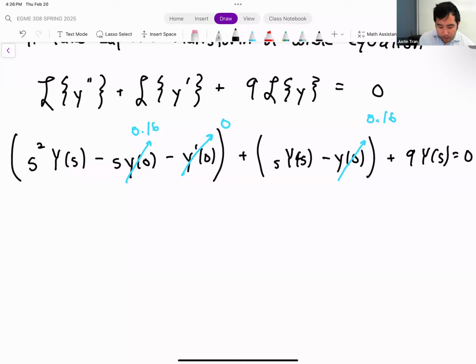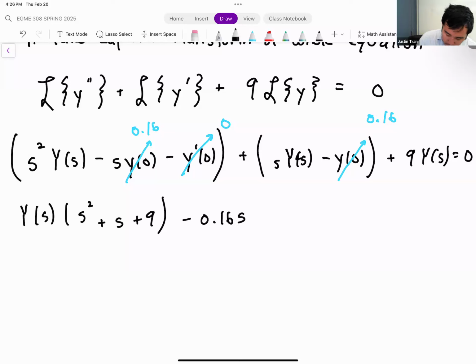I'm going to factor out all of the terms that have Y of s in there as well. So we have Y of s multiplied by s squared plus s plus 9, minus 0.16 s minus 0.16, and all this is equal to 0.